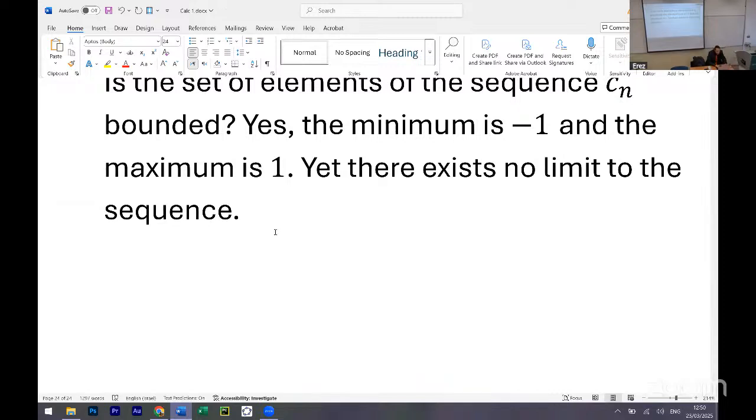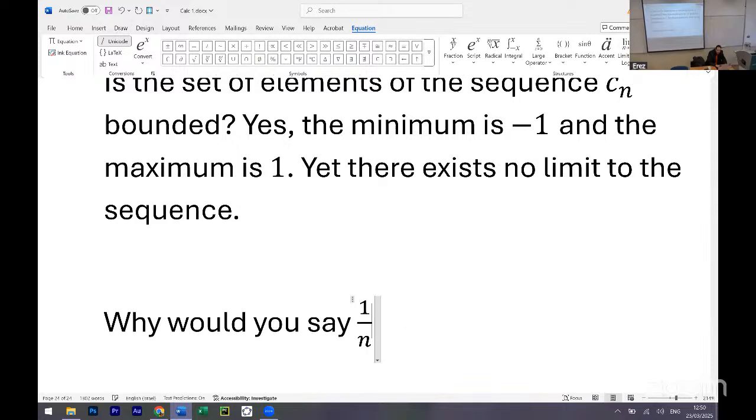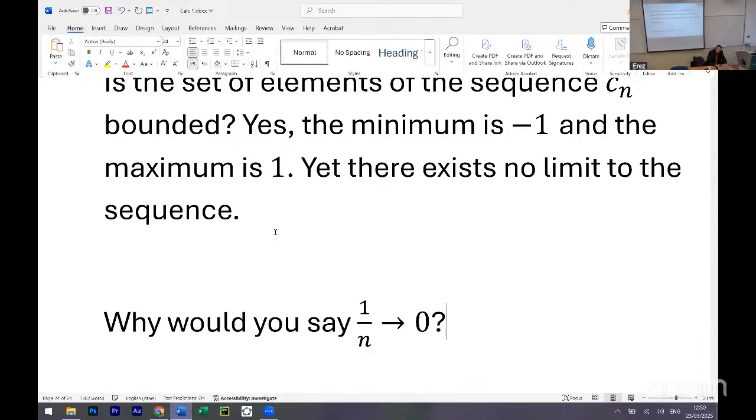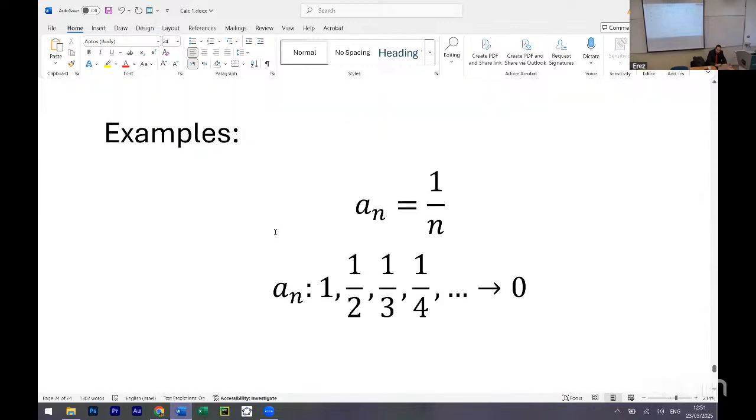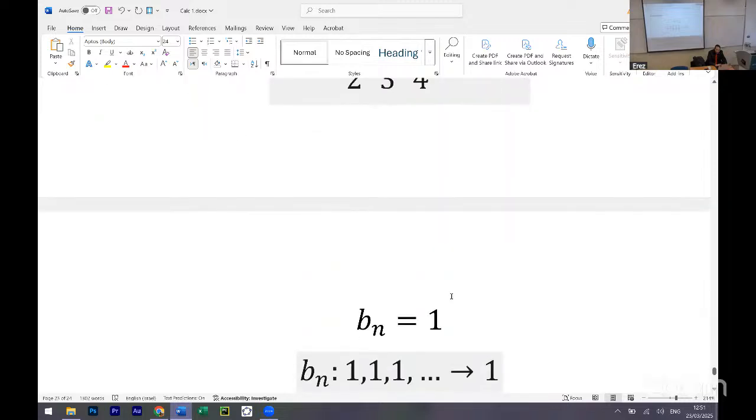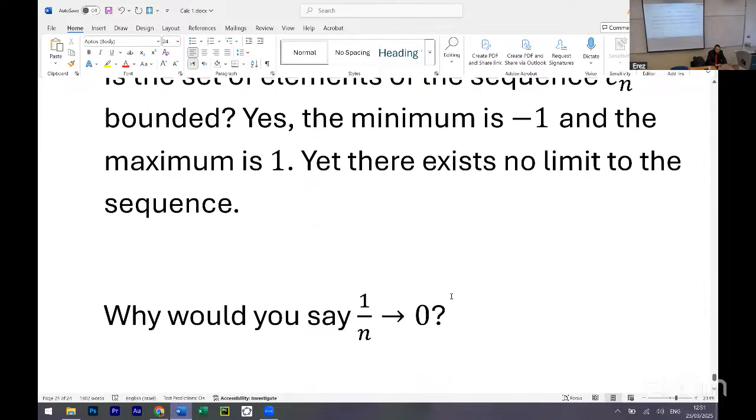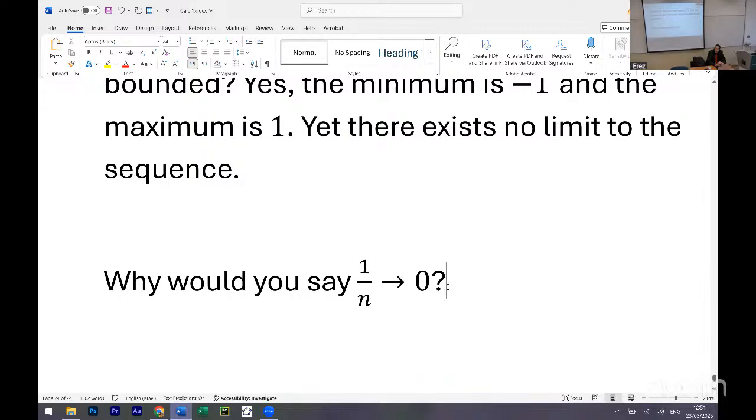So why would you say the sequence 1/n tends to 0? Right, this is the first sequence a_n. You said its limit is 0, and I asked of you, why would you say the limit is 0? Yes.